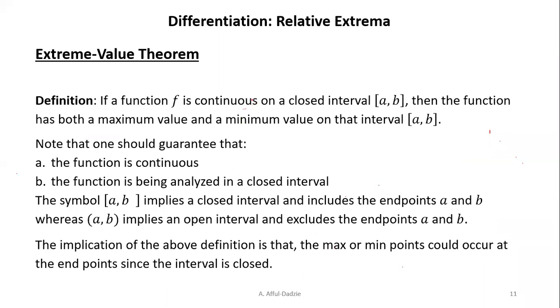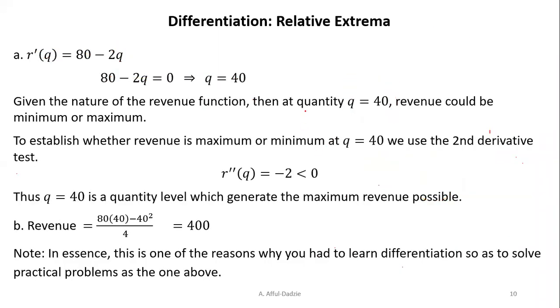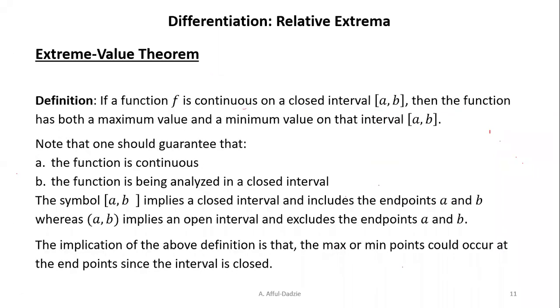So we have seen the case of the maximum point and the minimum point, the relative maximum and the relative minimum. Now, let's look at the last one, which is the extreme value theorem. Very simple and straightforward.